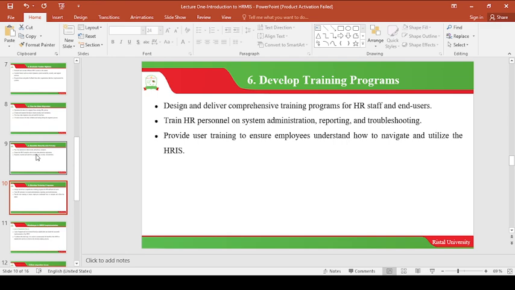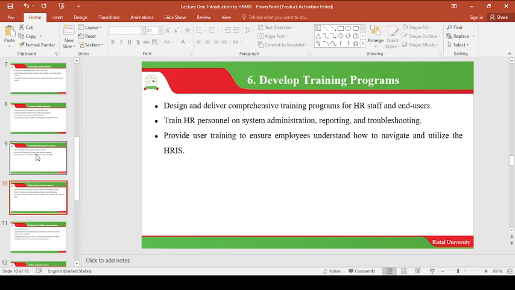Then the end users are the employees of the organization, the people whose information is on the system. They need to be trained on how they can access the information, how they can update some of their information, and also how they can generally use the system.